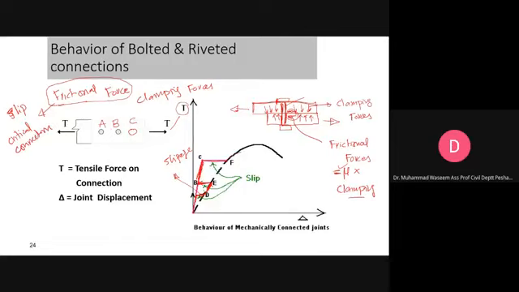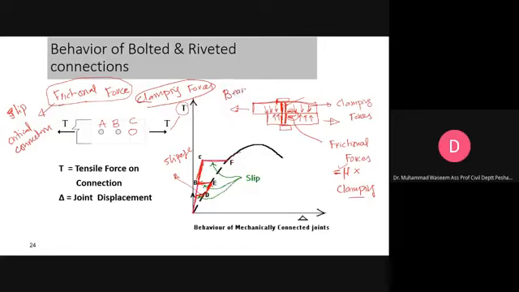Once the fastener gets engaged with the plate itself, it again resists the load due to the bearing of the fastener onto the plate. So this type of connection we call bearing type connection.